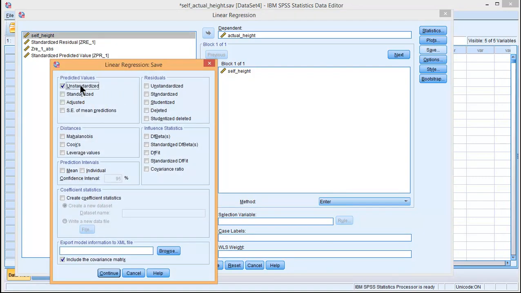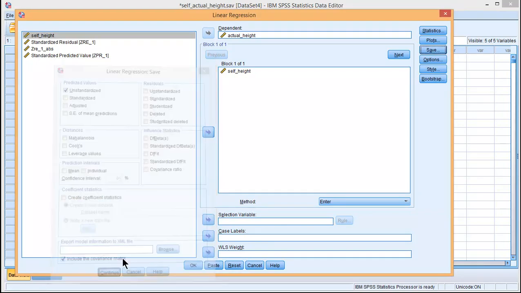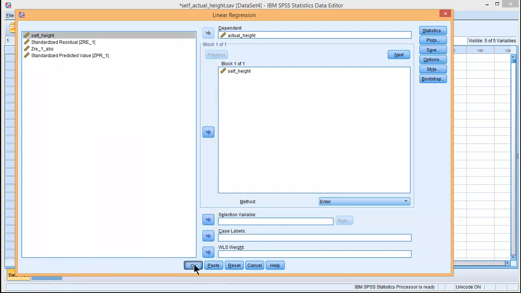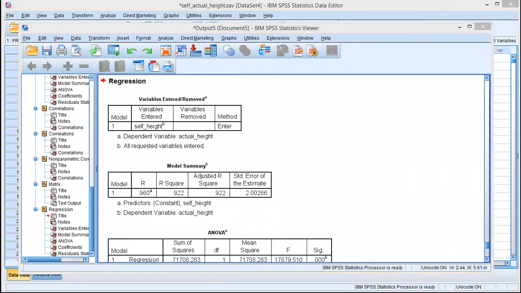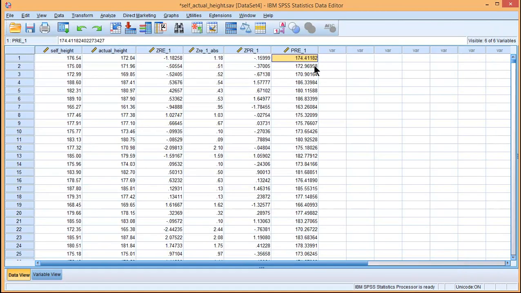So this is going to do the prediction equation for us. And because there are at least a couple of people in the sample that have a height of 183, we can actually look at what their, say this person's 183, that person's 183, and we would predict that they're really 181-ish, 181 centimeters tall, not 183 centimeters tall.